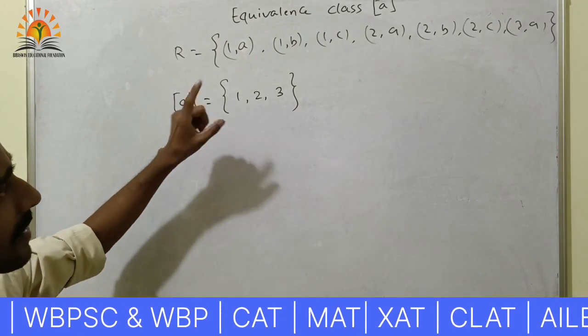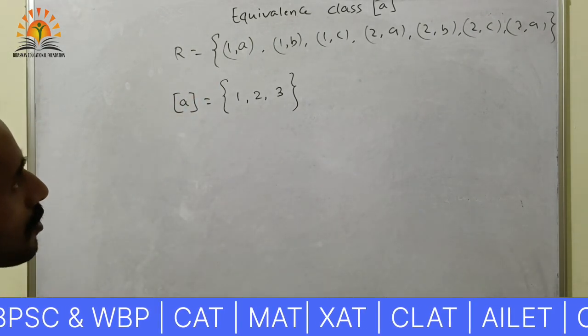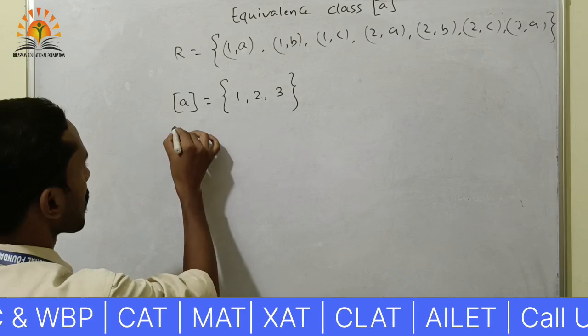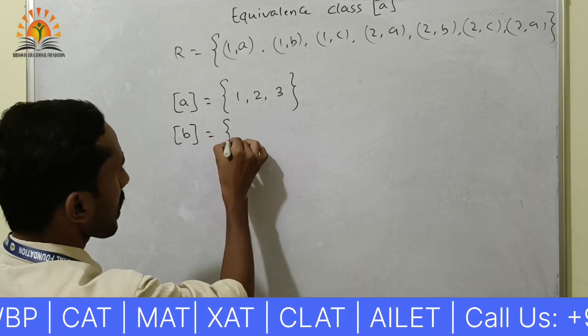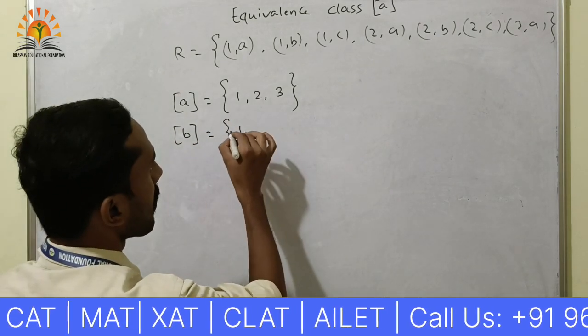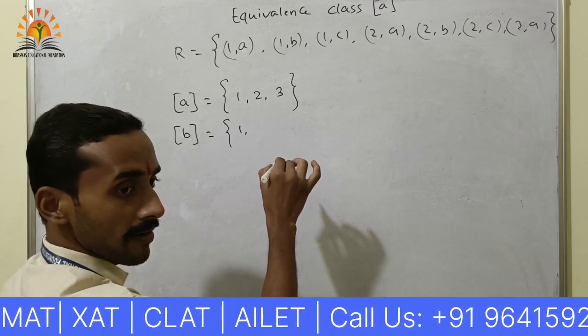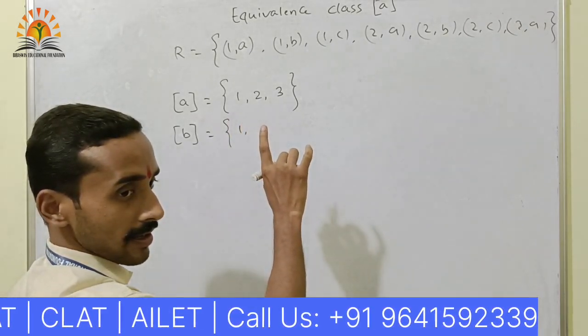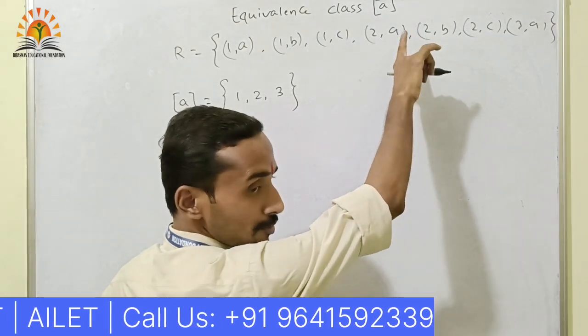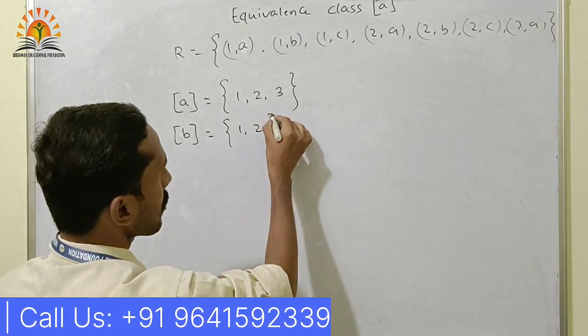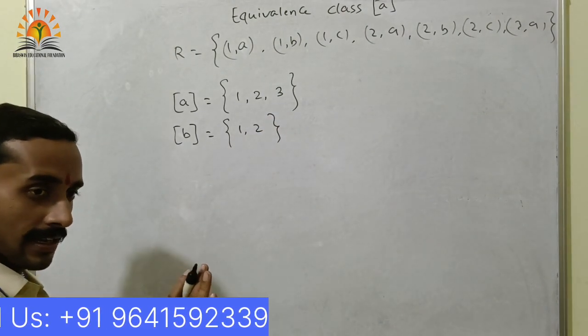Understood? Then if you want the equivalence class of b, what can you write? 1, and b also belongs to 2, so here 2. Understood?